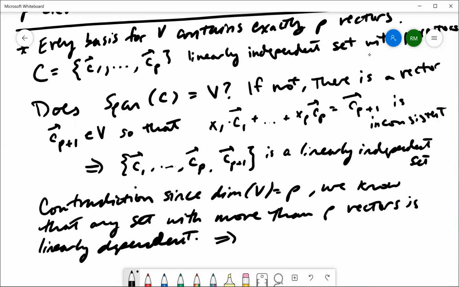Hence, we can conclude that the span of this set C was equal to V, and C is a basis. All right.